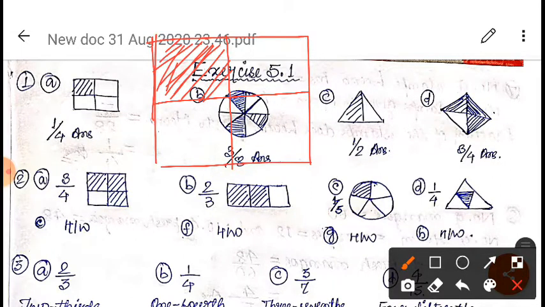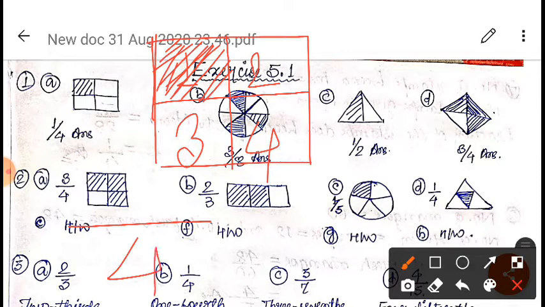So you just concentrate on the question: write the fraction representing the shaded part. How to write the fraction of this? First of all, we will count the number of boxes here: 1, 2, 3 and 4. How many boxes? 4. So in the denominator we will write 4.